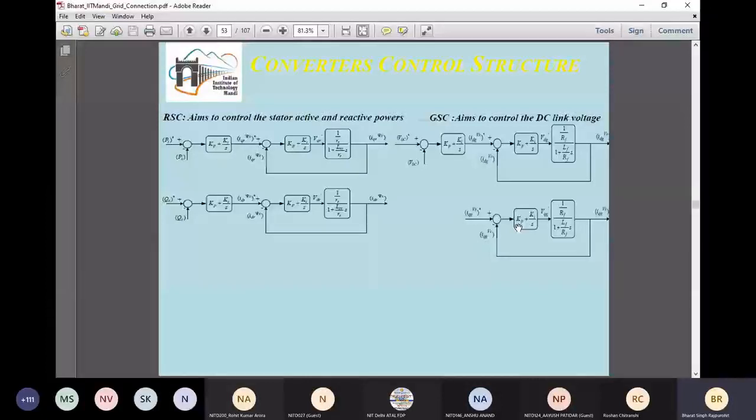So if you want to provide more reactive power, or active power filter functionalities, the rating of this grid side converter also needs to be augmented so that it has sufficient capacity for the reactive currents also. Fine. The next slide, please.